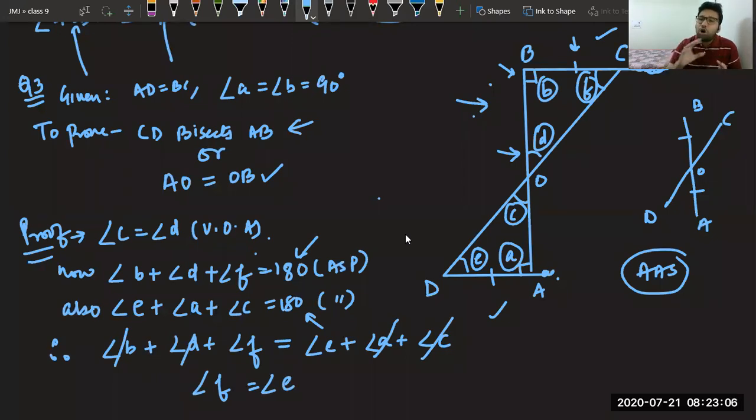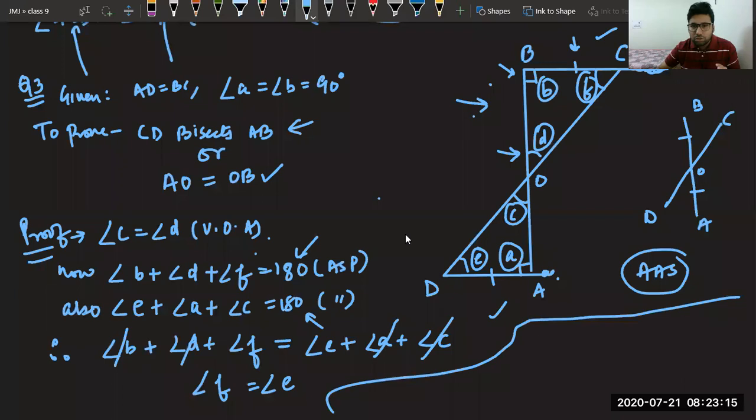Now we have all the required samagri for the prayer. So we can start the case very easily now. In triangle BOC and triangle DOA, first thing is BC equal to AD.